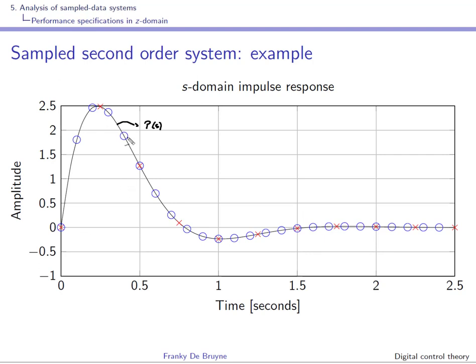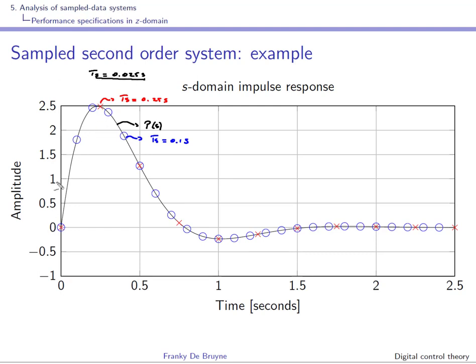So this corresponds to ts is equal to 0.1 second. This corresponds to ts is equal to 0.25 seconds, and we'll consider another case also with a ts that is 0.025 seconds.